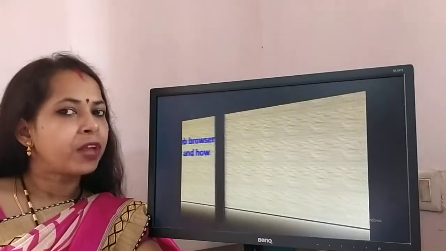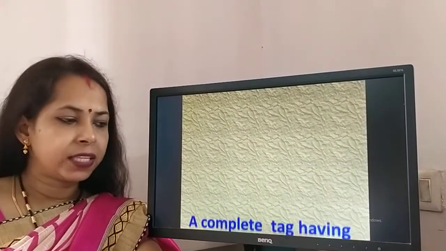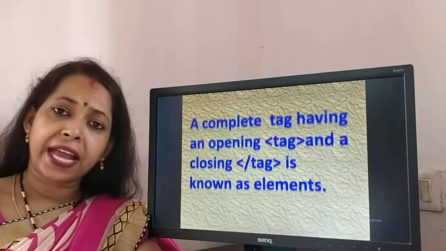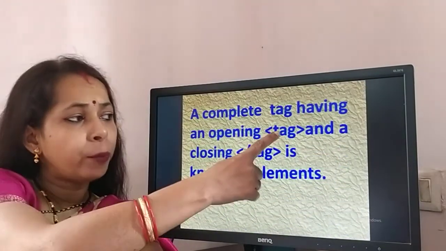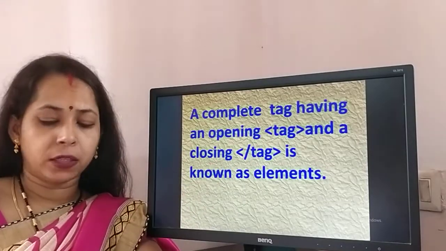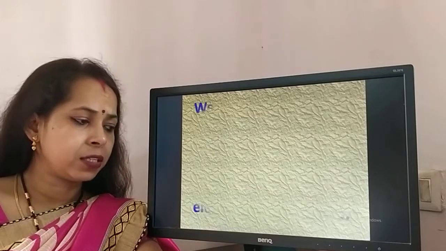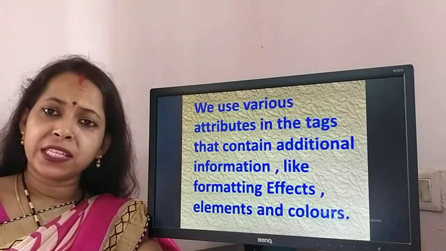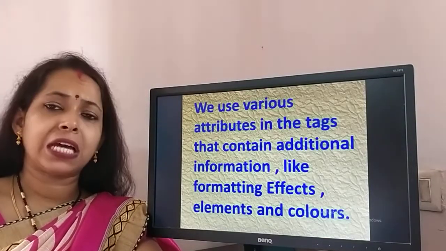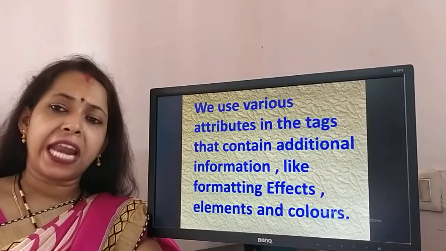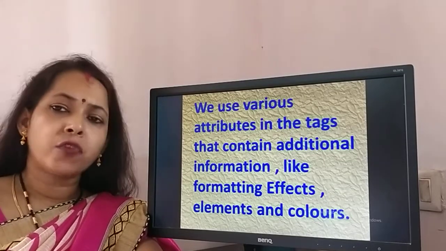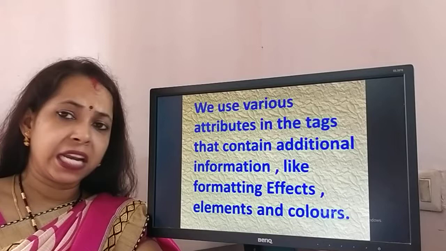That is the HTML tag. Next, children, a complete tag has both an opening and a closing tag. And we use various types of attributes in the tag that contain additional information like formatting effects, elements and colors.